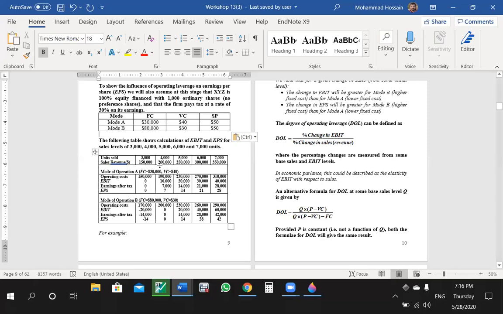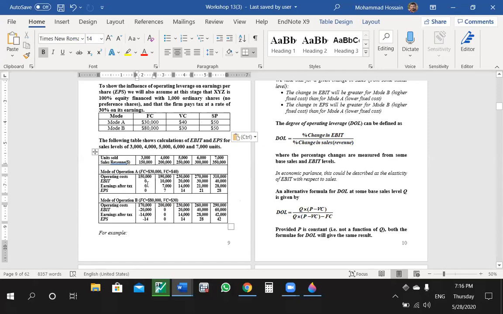So how many units are you going to sell? 3,000 units times a variable cost of 40 is 120,000, plus 30,000 fixed cost. Total cost is 150,000, and revenue is also 150,000.